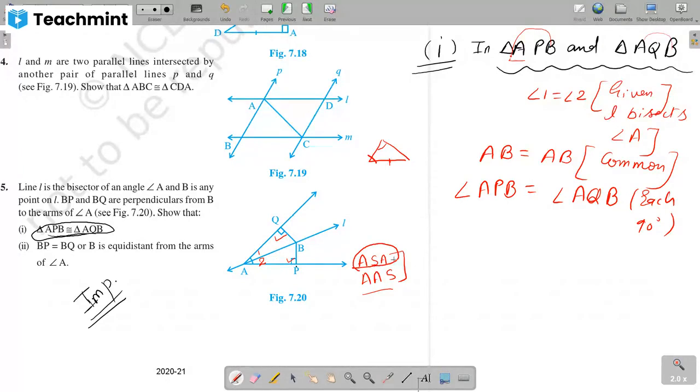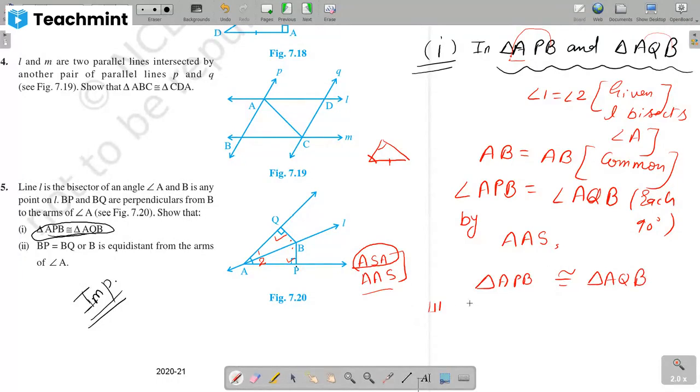To use ASA, the side must be included, and we need to prove that these two angles are also equal. So here we will write: by AAS congruency rule, triangle APB is congruent to triangle AQB.